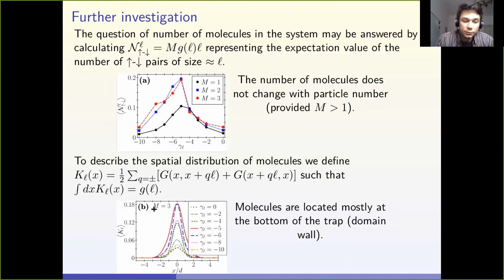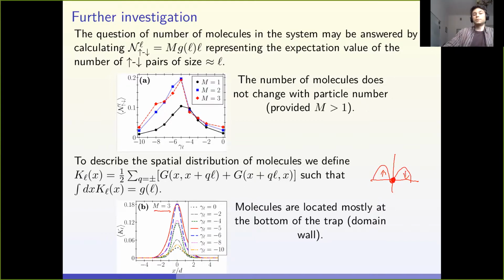And you see here plotted for m equal to 3 that the molecules are mostly at the center of the trap. Because here we have one cloud, there is the second one, and this corresponds to this domain wall.